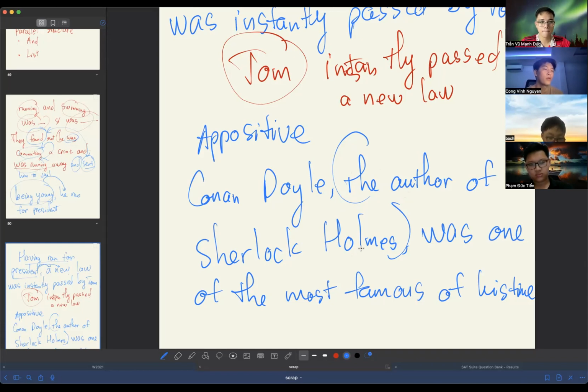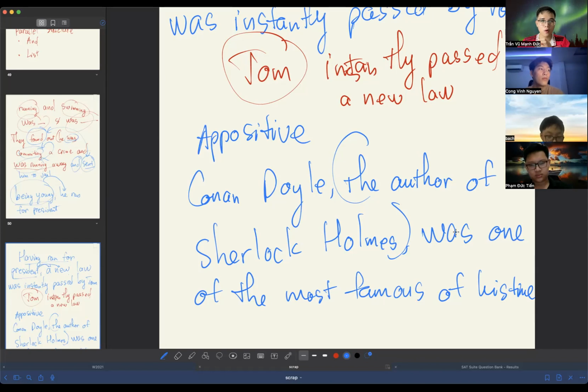Because the text also already told that he was one of the most famous of his time. So we can remove that. Okay, "one of the most" means that there are more people that are famous, right? So I'm not really sure who to say here, whether it's Conan Doyle or even Einstein. I don't know who it is because there is more than one person. Do you know what I mean?